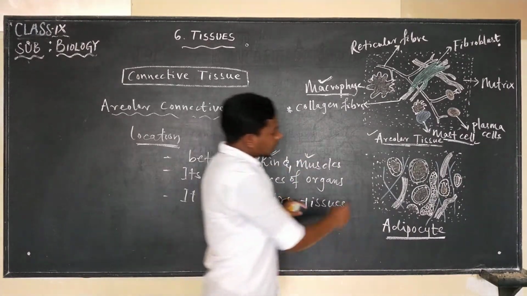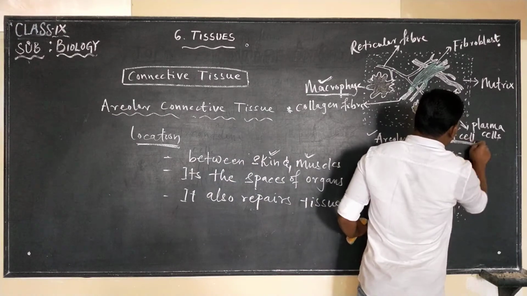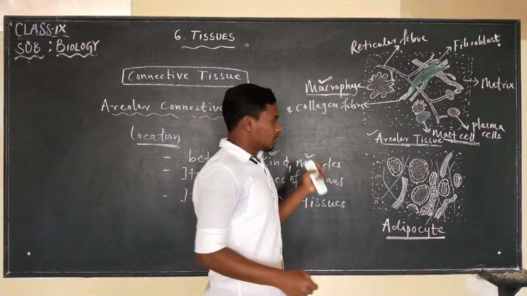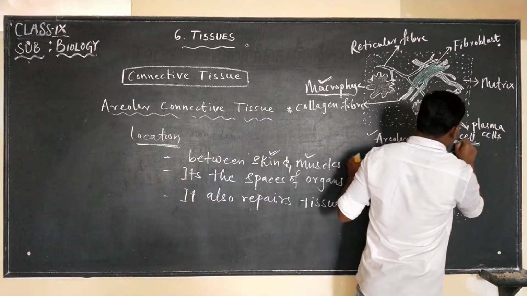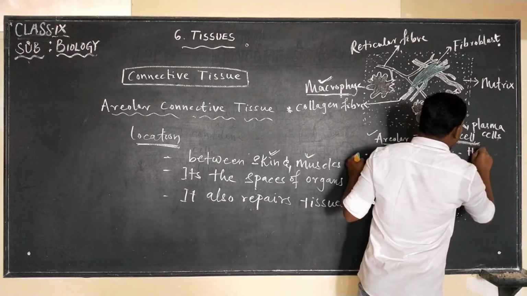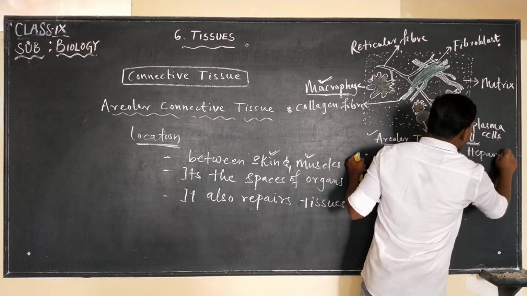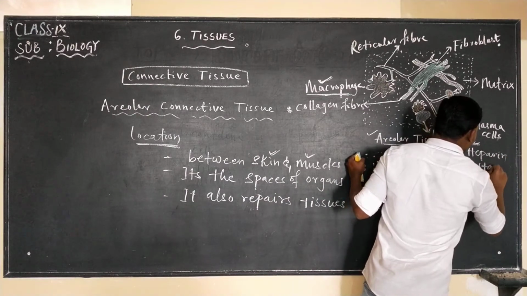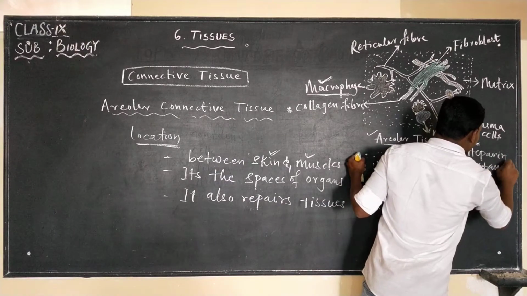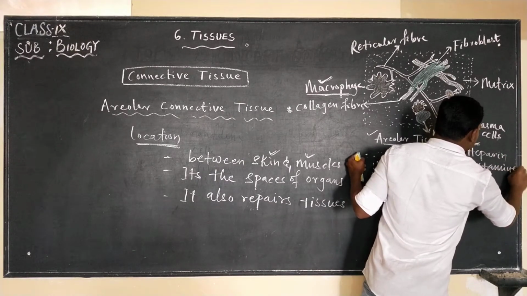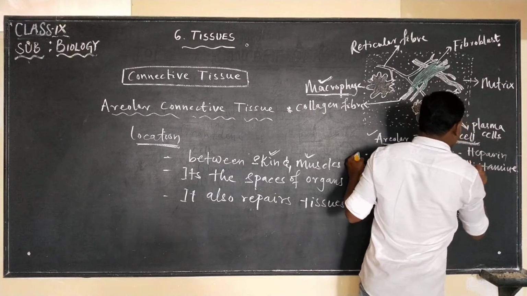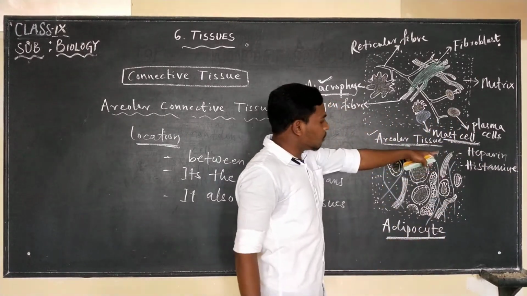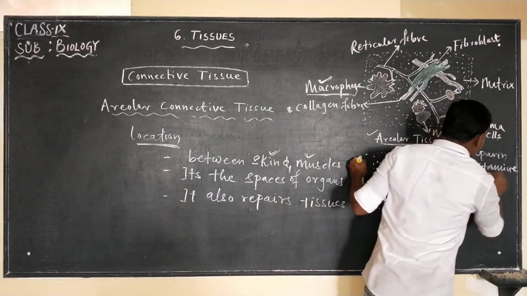Now, mast cells produce substances: heparin and histamine.